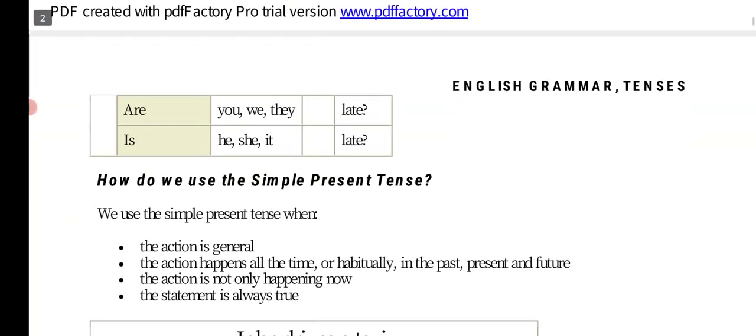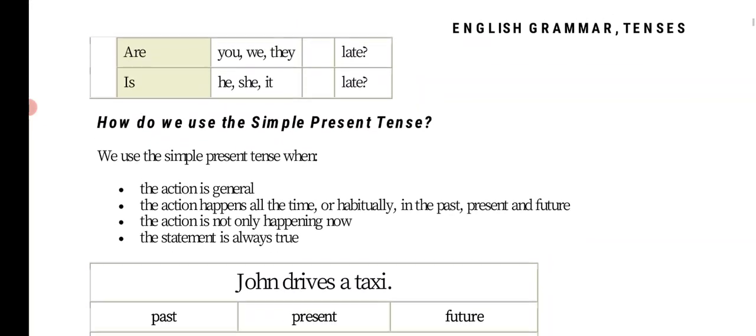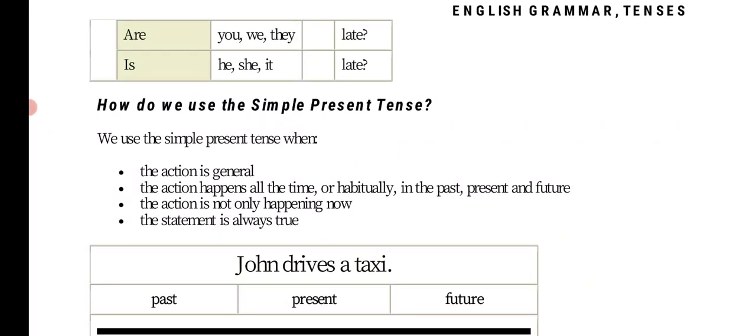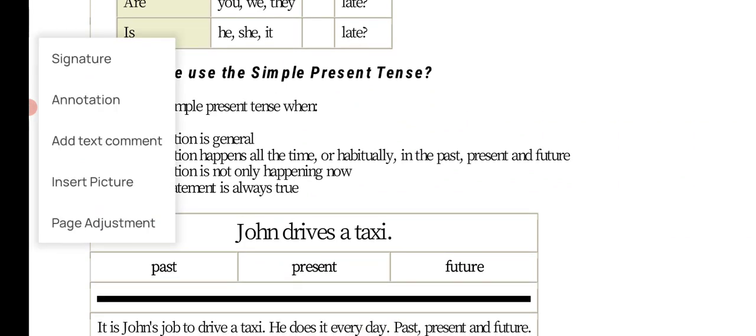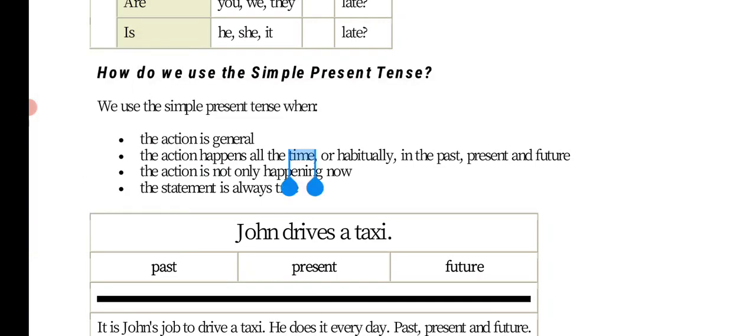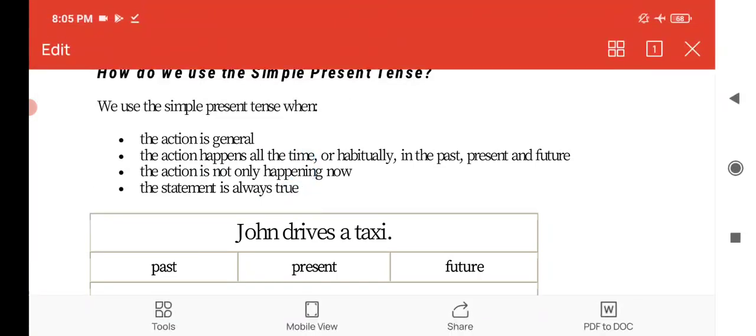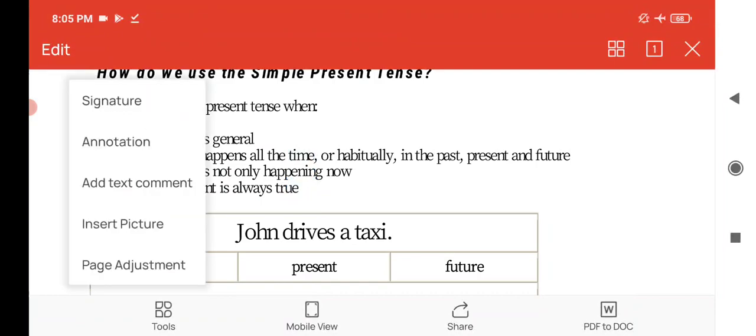So let's look at a few examples here. Again, in simple language, how do we use the simple present tense? We use simple present tense when the action is general, which means I'm a boy, I live in a flat. And the second is when the action happens all the time.